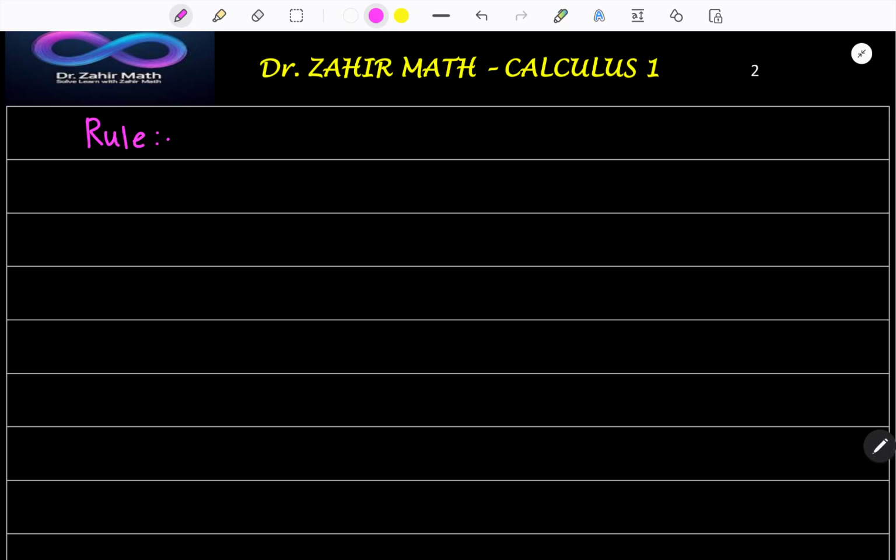We are going to take a derivative of log x base a. So this is your f of x and you're going to write f dash of x. So what is the derivative of log x base a? Very simple. Before that, I'll ask you, what is the derivative of ln x, which you studied in the previous exercise?